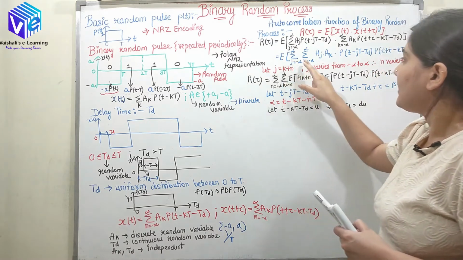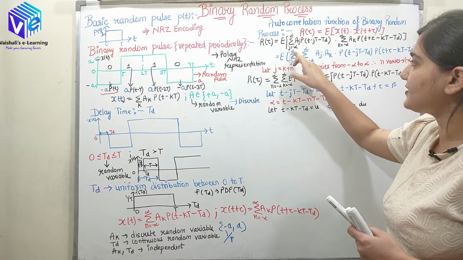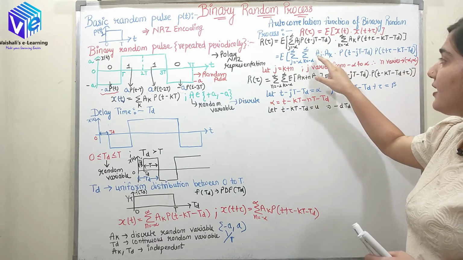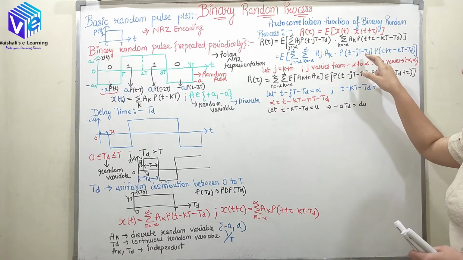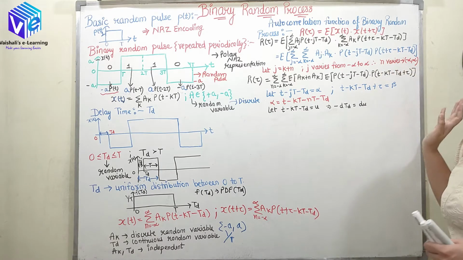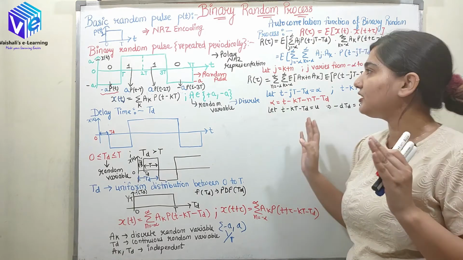Now here I have taken summation E of summation j equal to minus infinity to infinity, summation k equal to minus infinity to infinity a_j a_k p(t - jT - t_d) p(t + tau - kT - t_d). I hope up to this point all of the things are clear.